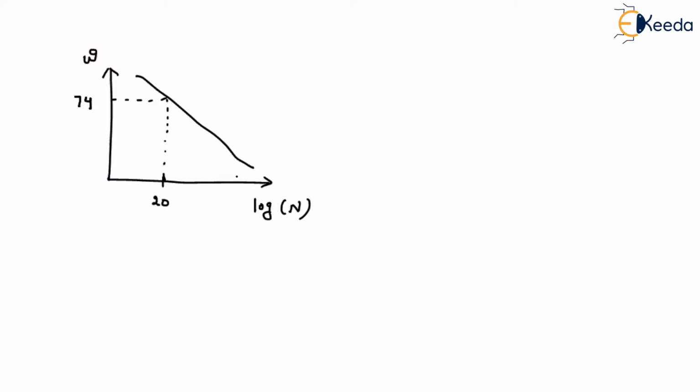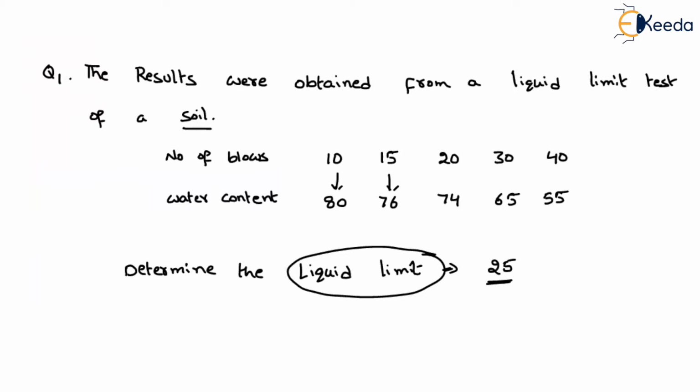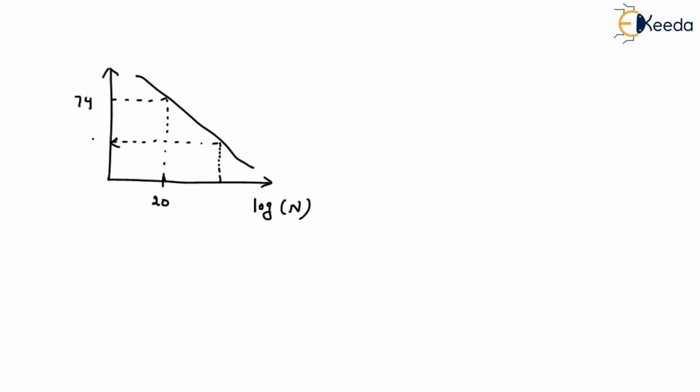And what is the next value? We know about 30. So let us assume that 30 is somewhere here. Corresponding to the number of blows 30, the value they have given is 65.